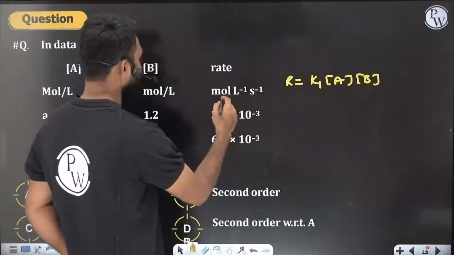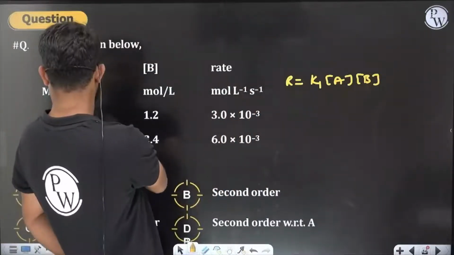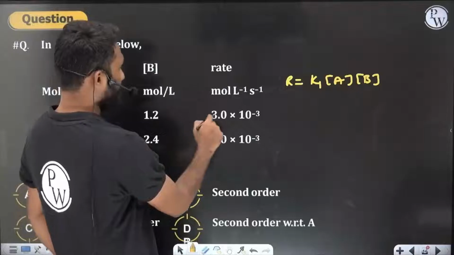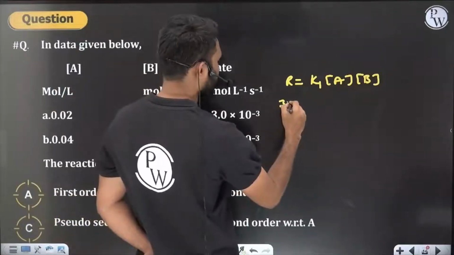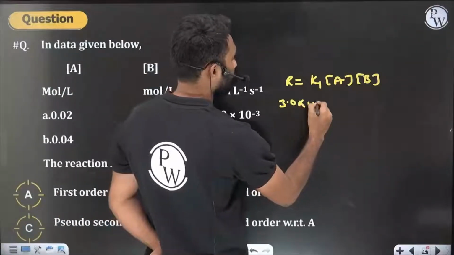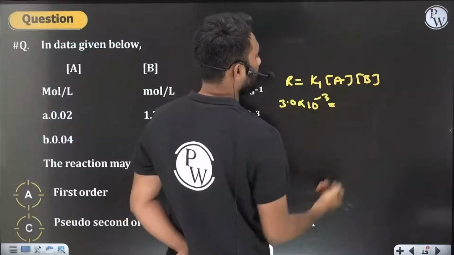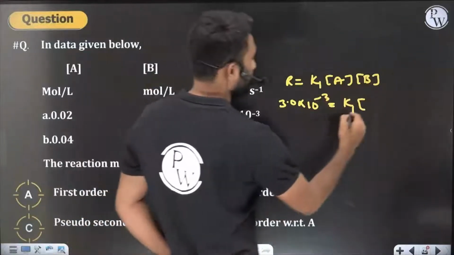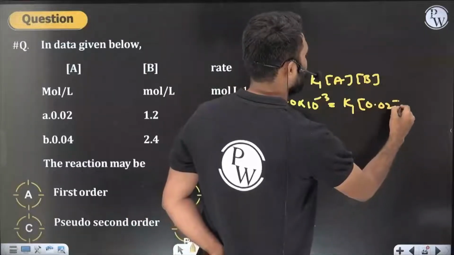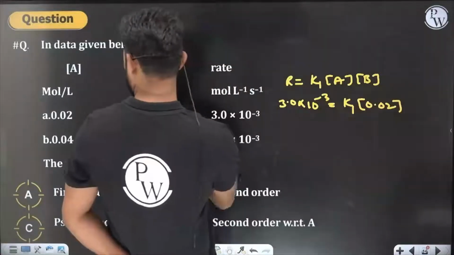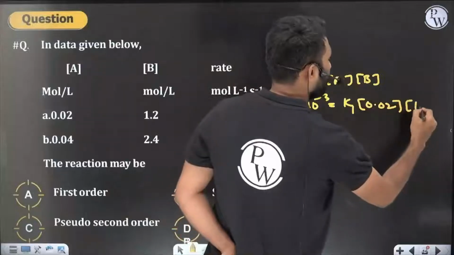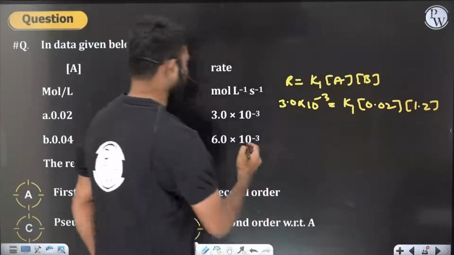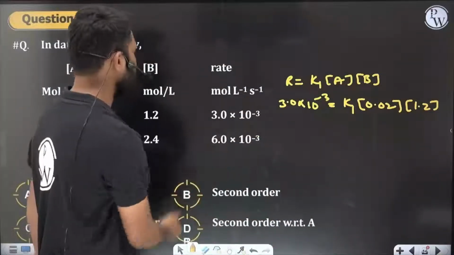Rate, how much have they given for this one? 3.0 into 10 to the power minus 3 is equal to K1. Concentration of A they have given 0.02, and concentration of B, 1 by 2. Now write the same rate law for the second expression also.